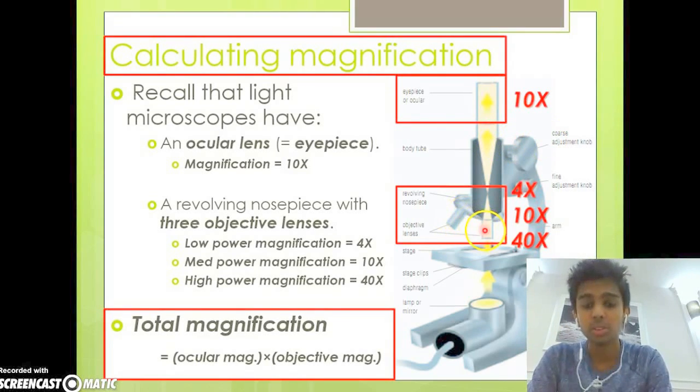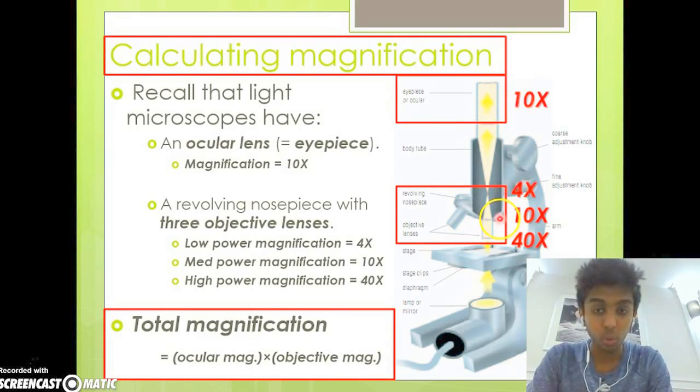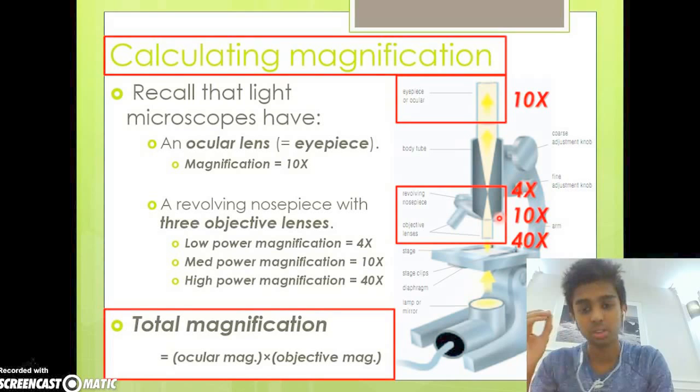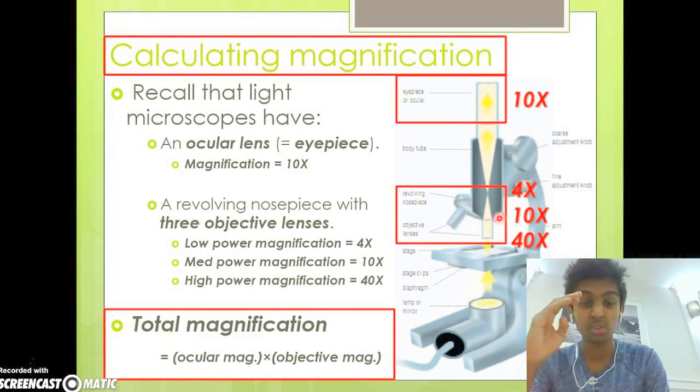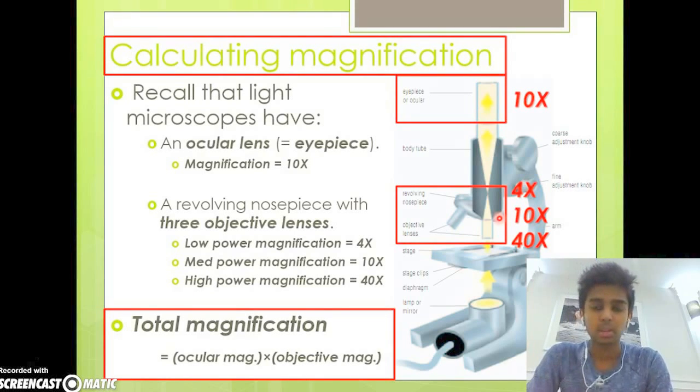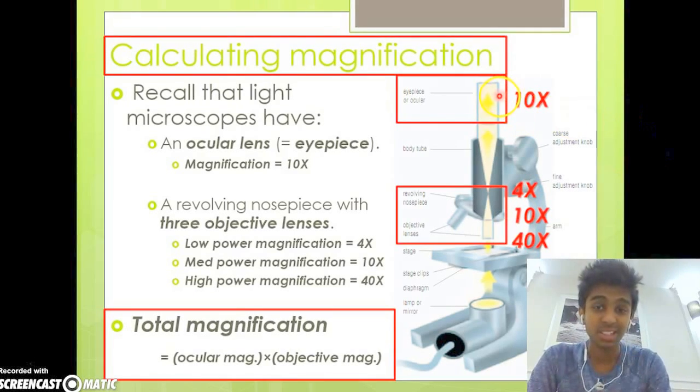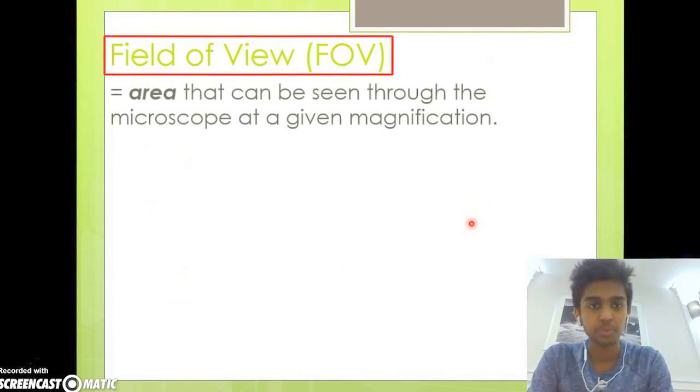Then you've got your nose pieces. 10 times 4, if you're using the low power, is 40, so your total magnification is 40. 10 times 10, on medium power, is 100. 10 times 40, on high power, is 400. It's super simple: the ocular lens multiplied by the objective lens.